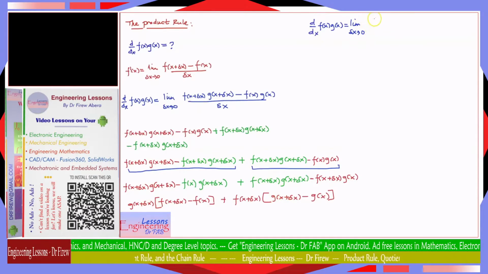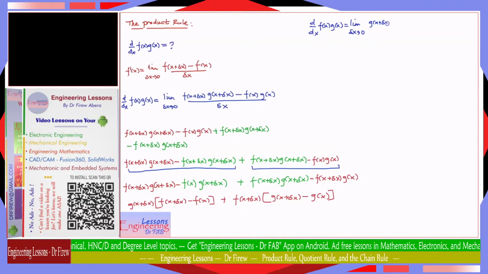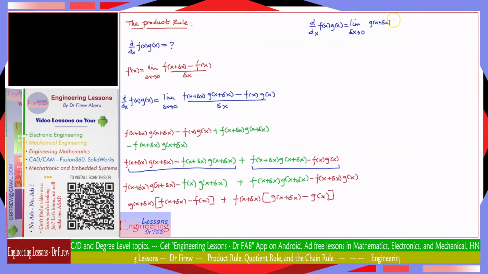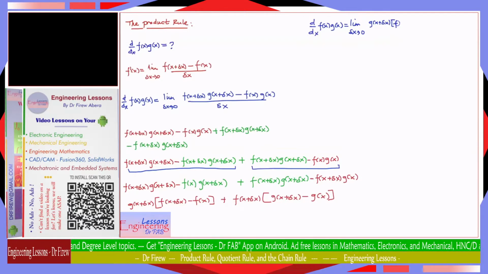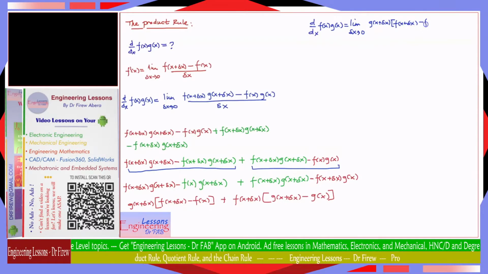So that will be g of x plus sigma x times f of x plus sigma x minus f of x.